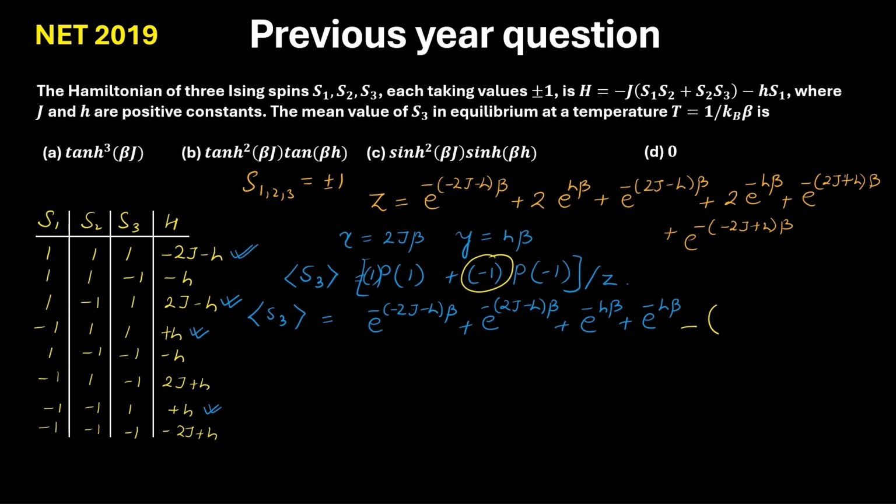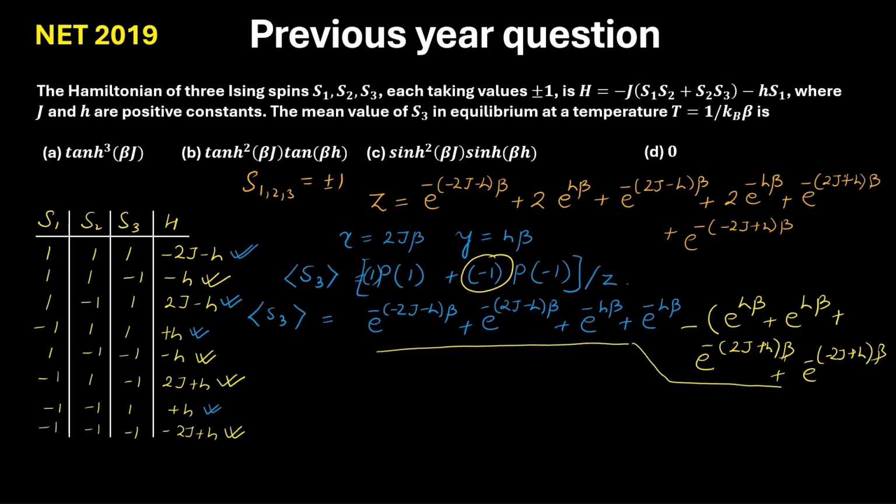So you have this term here, e to the power h beta, plus e to the power h beta, then e to the power minus 2J plus h into beta, then the last term here, plus e to the power minus 2J plus h beta. This whole thing will be divided by Z.